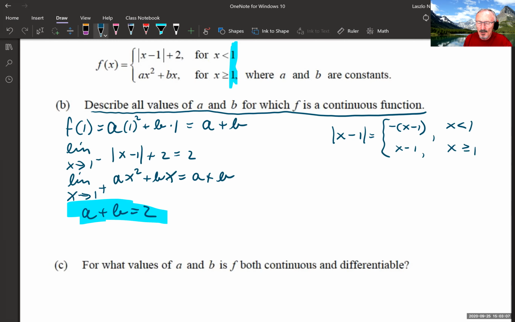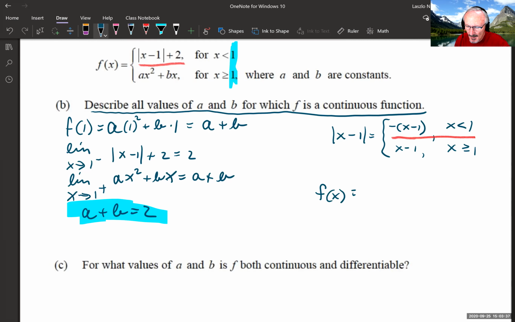So I will be compelled to use this portion right here, because when I'm taking the derivative for values of x less than 1, the definition is right here, okay? And that translates into the following. So let's rewrite f of x without the absolute value.